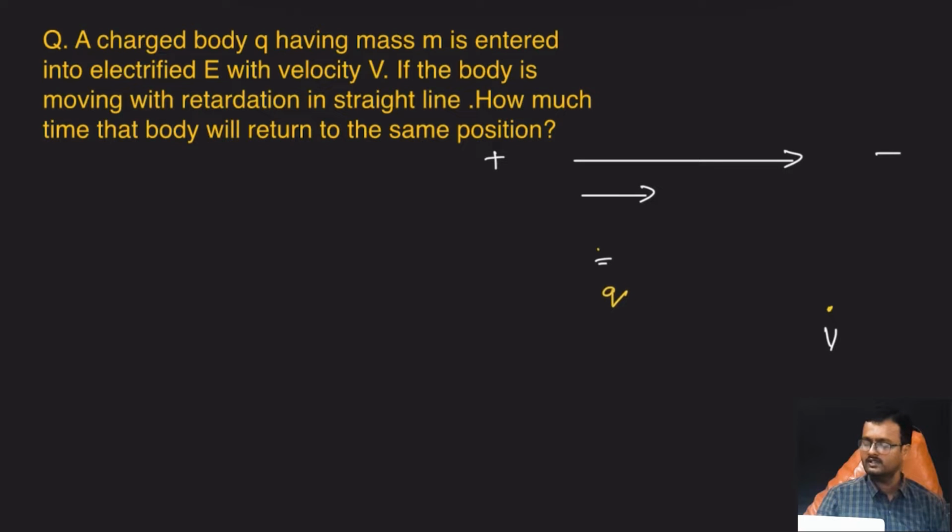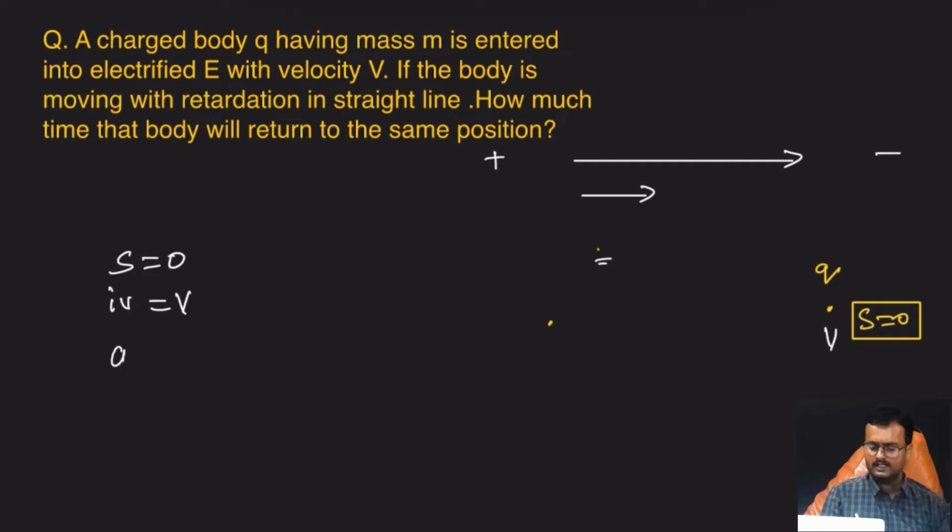So its velocity decreases and finally somewhere it stops. Now the charge returns to the initial position. So whenever it covers the initial position, its displacement is 0. So displacement is 0. Initial velocity is v.